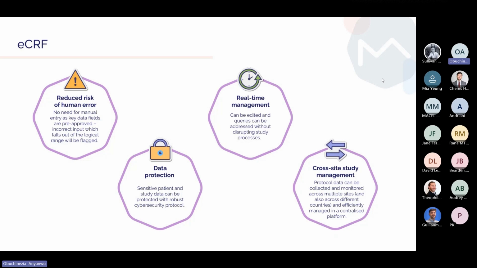And secondly, data protection. As a digital document, with robust cybersecurity protocol, sensitive patient data will be secure. So again, making sure that the technologies are configured and developed in line with GDPR, or in line with HIPAA.